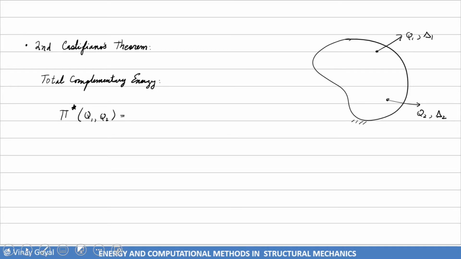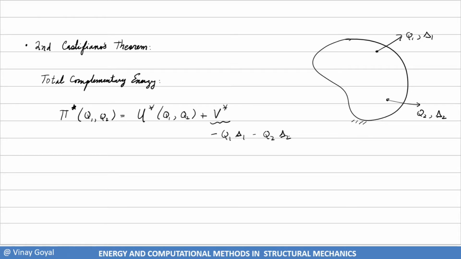And I will now calculate the complementary strain energy. So U star, which depends on Q1 and Q2, minus the potential energy due to loads applied, which is V star. But V star in our case is minus Q1 delta 1 minus Q2 delta 2.